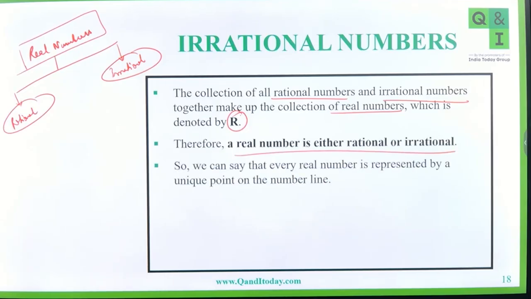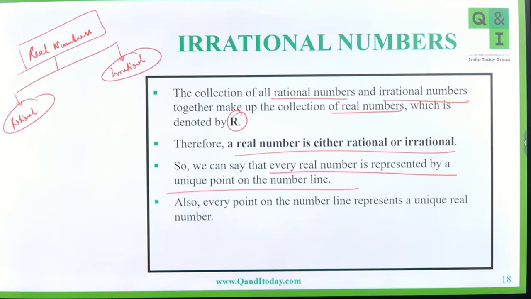So we say that every real number is represented by a unique point on the number line. So you can represent every real number on the number line at a unique point. And also every point on the number line represents a unique real number. So if you draw a number line, let's say this is 0 and this is 1.